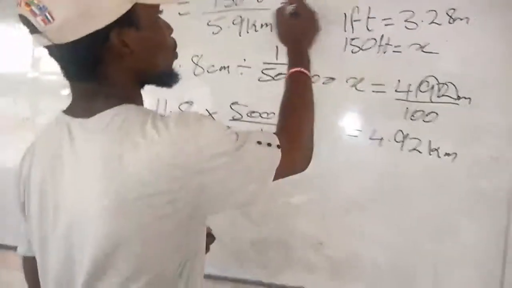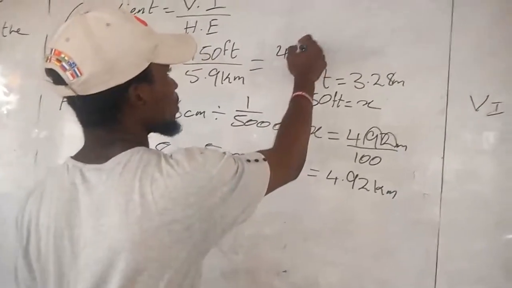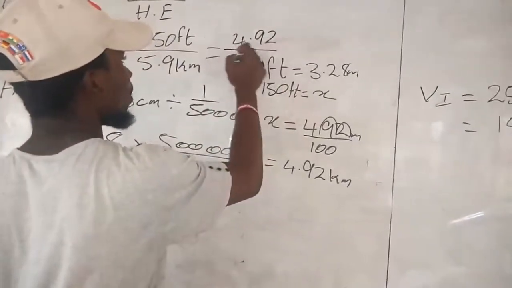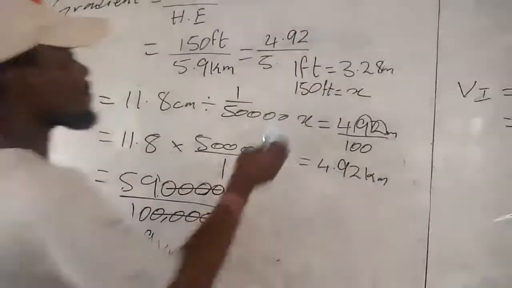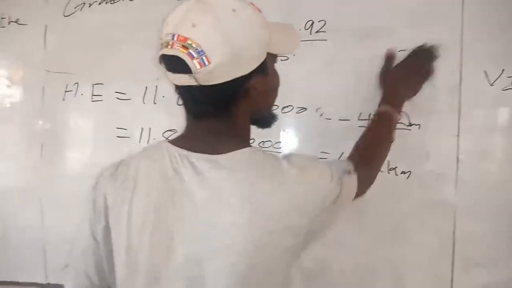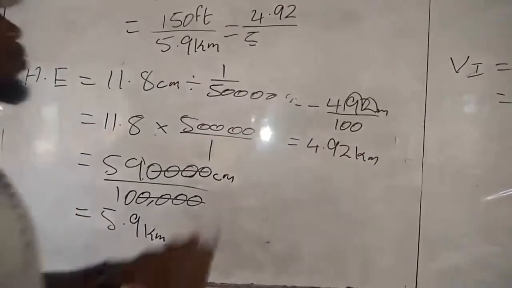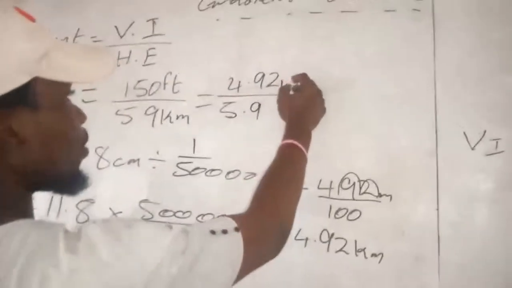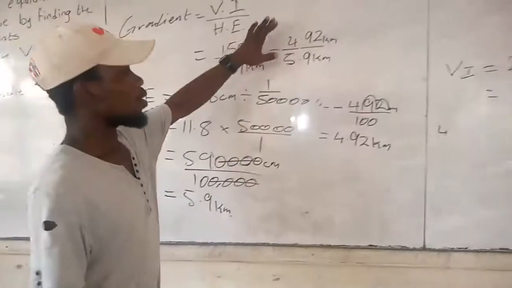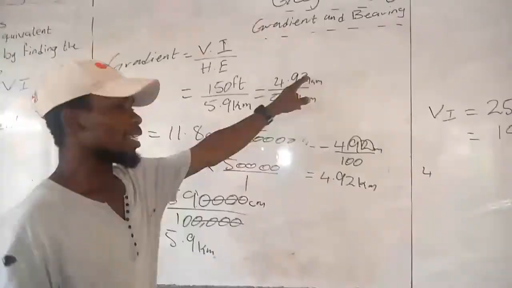Okay, so this is it. 4.92 over 5.9 kilometers. Now we have both the VI and the HE in the same units.